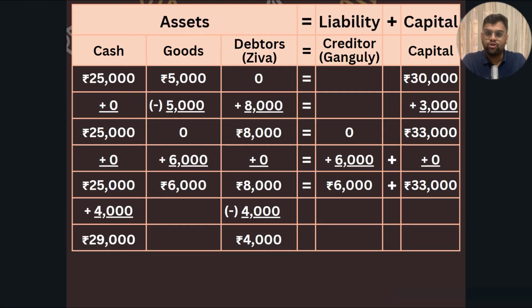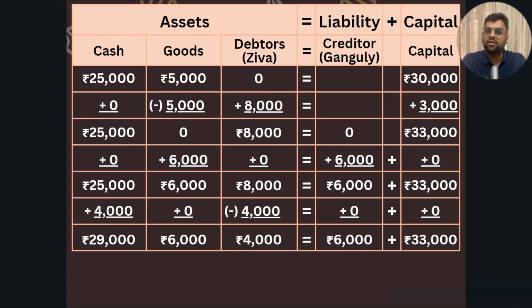And then there are no changes to goods, no changes to creditor, no changes to capital. They remain the same. So lastly, the accounting equation is cash 29,000 plus goods 6,000 plus debtors 4,000 is equal to creditor Ganguly rupees 6,000 plus capital rupees 33,000 is equal to 39,000.